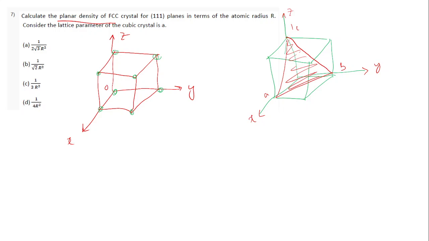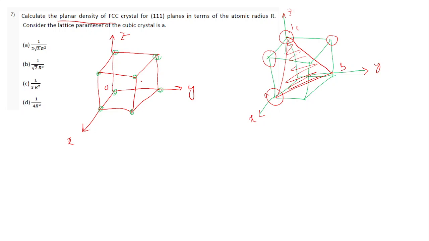we have atoms on all the corners for this FCC. So that means we have one here, we have here, we have here also, but that is not lying on this plane. So we have here also, but that is also not lying on the plane. We have one at this corner also, but please be careful, this plane is not touching this corner, right? This plane does not touch the corner.